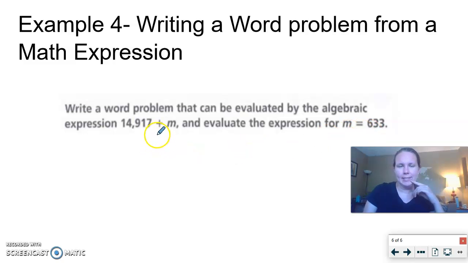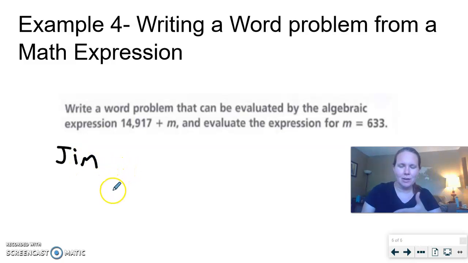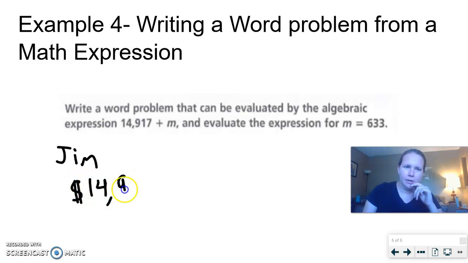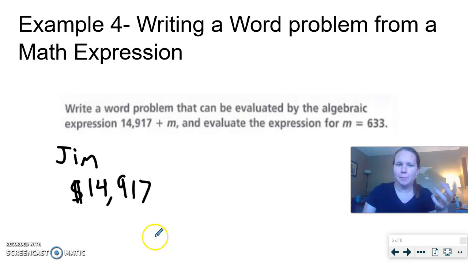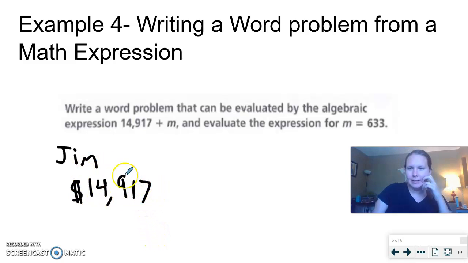So maybe Jim has a savings account. I'm not going to write this all out in my handwriting here, but I'm going to more so talk through it. So Jim has a savings account. Maybe Jim already has $14,917 in his bank account. He's trying to save up to buy, I don't know, let's say he's buying a really cool car. And so he's saving all this money up.